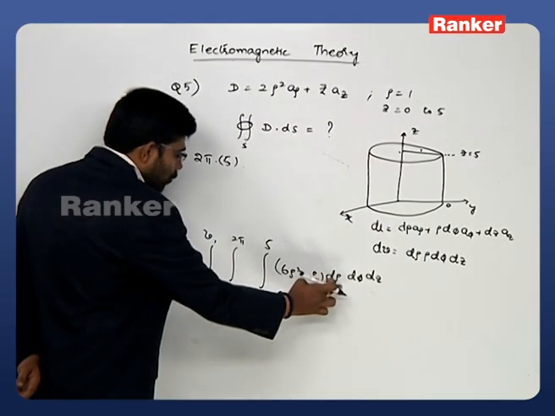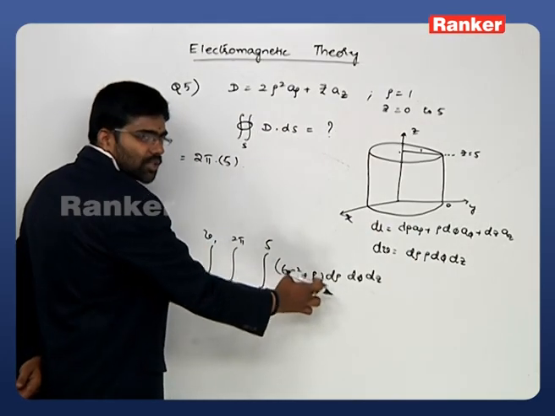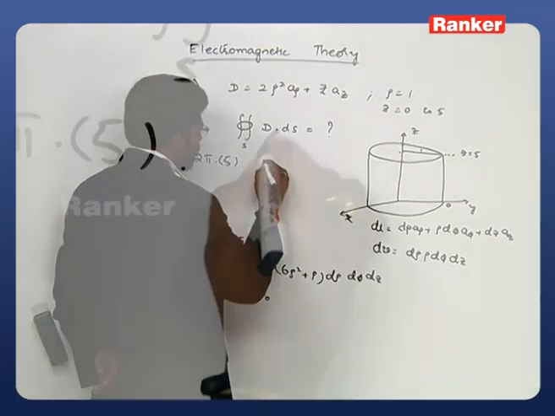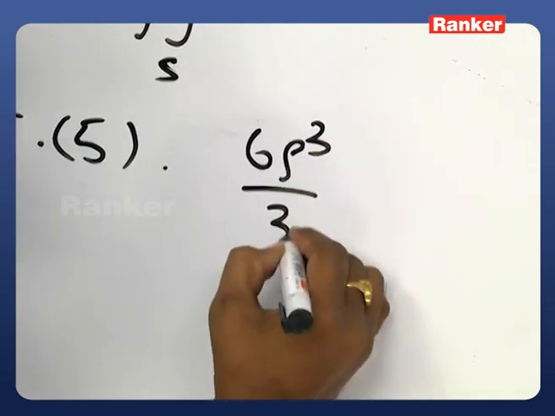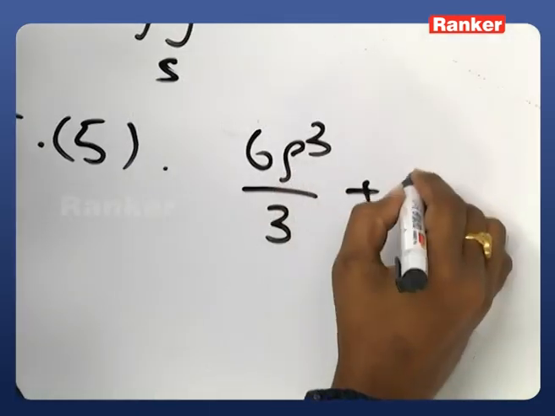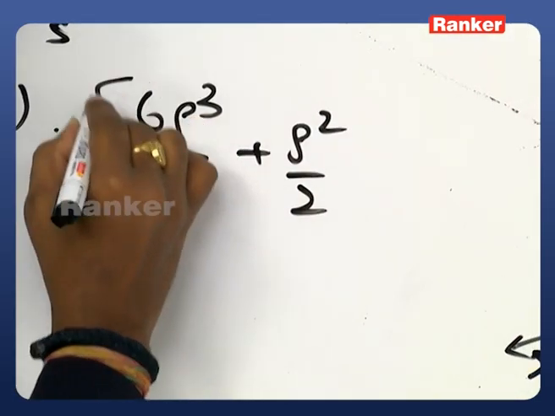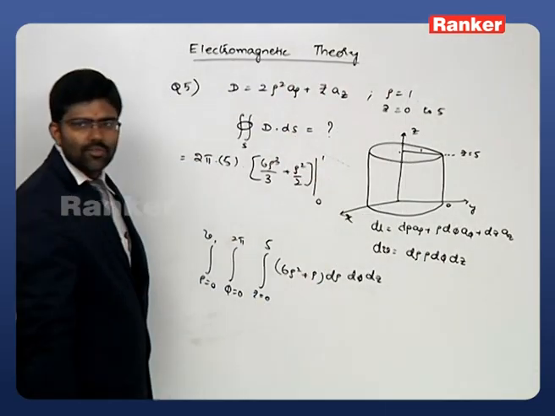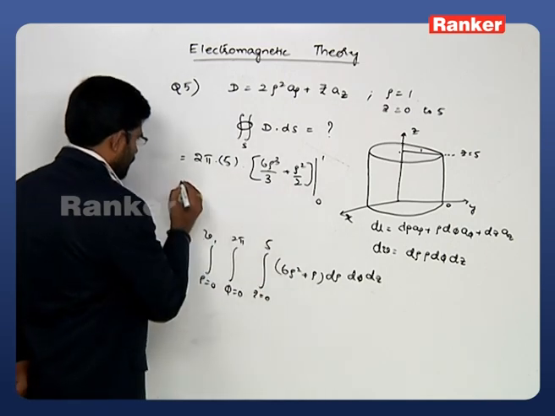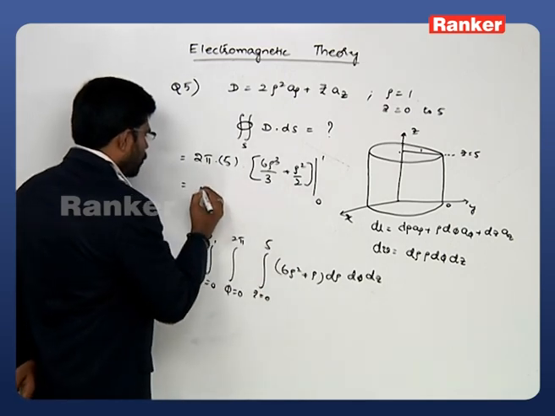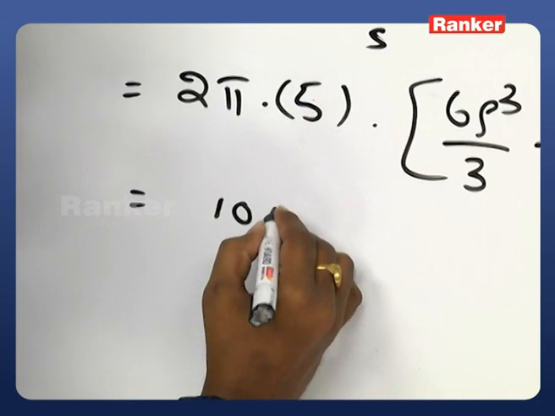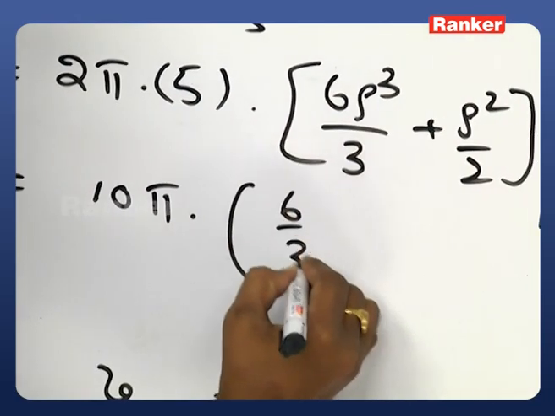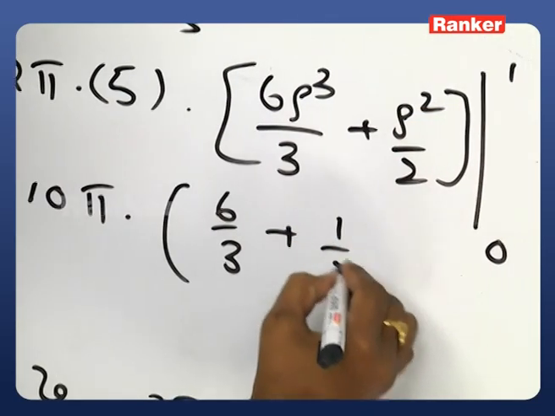Now the integration is only for (6 rho square plus rho) with respect to rho. So 6 rho square integrates to 6 rho cube by 3, plus rho square by 2. The limits are from 0 to 1. So we just need to evaluate this, which equals 2 pi into 5, that is 10 pi, times 6 by 3 plus 1 by 2.